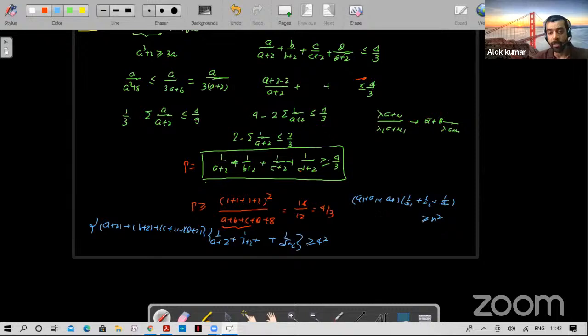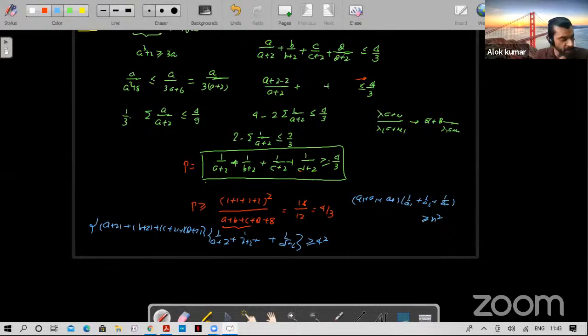Then you go to AM-GM. Then you go to Cauchy-Schwarz. If they don't yield anything, then of course you can think of some high-powered stuff. But before that, please hone your skills on these kinds of things. Don't unnecessarily underestimate the importance of simple and clever things. They really save the day.